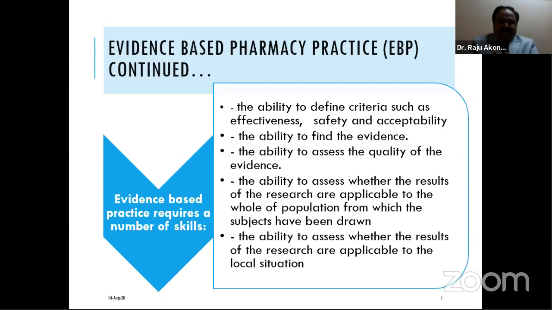Then there is the ability to assess whether the results are applicable to the local situation or not, to your current situation. You can understand this from evidence-based pharmacy practice.